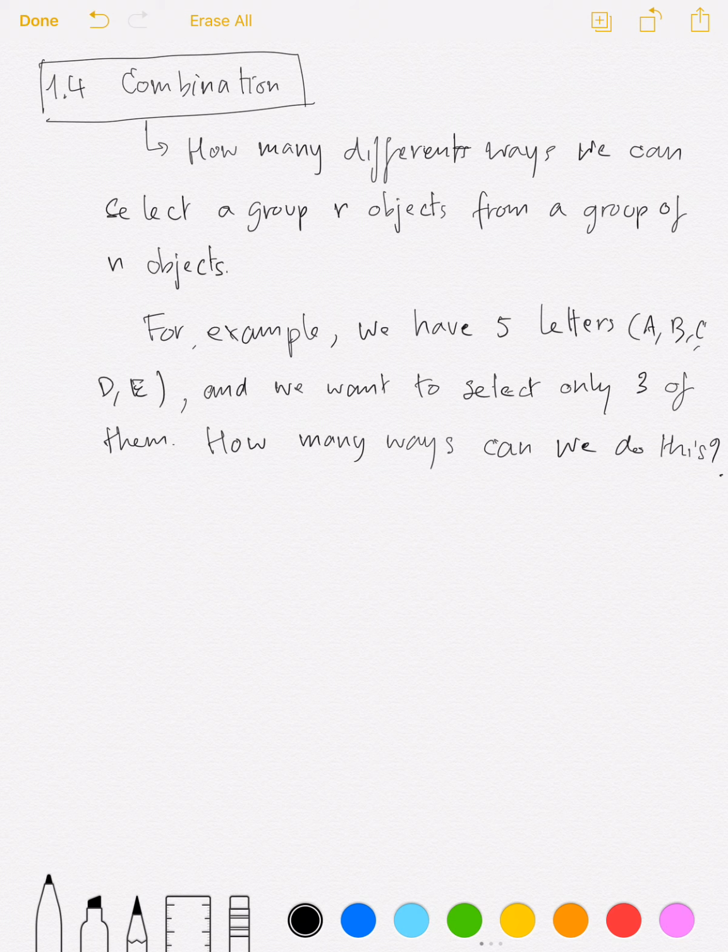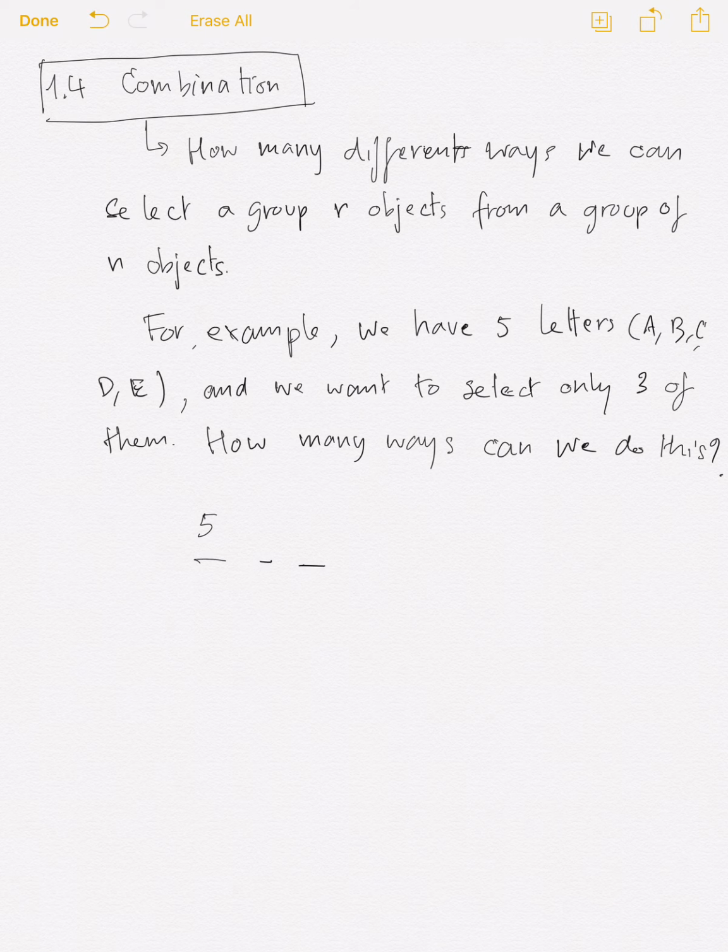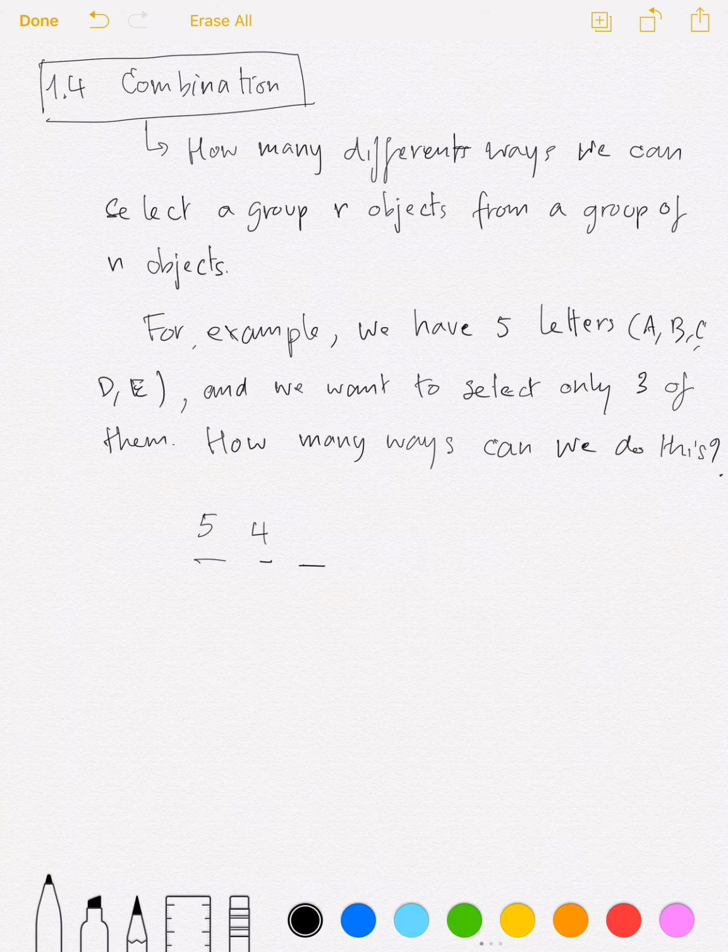One way to think about it is that you have 3 positions, and you want to select 3. For the first position, you can select from 5 letters. But once you select the first position, the second position has only 4 letters left.